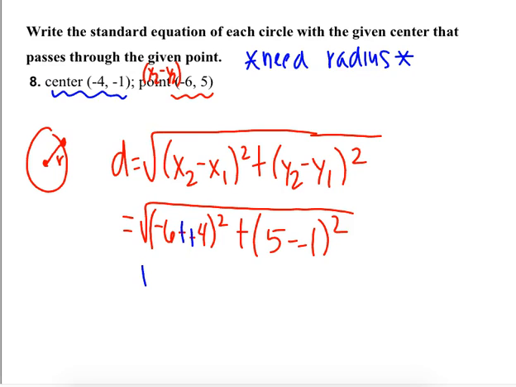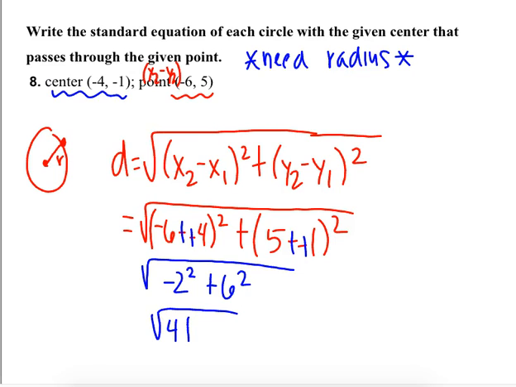Minus turns to a positive. So -2 squared plus negative turns to a positive plus 6 squared. 2 squared is 4. 6 squared is 36. For a grand total square root of 40. Well, there's our radius. We just found our radius to be square root of 40. Now I have both parts that I need.